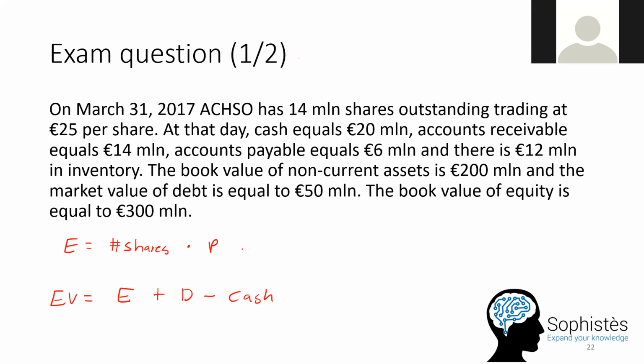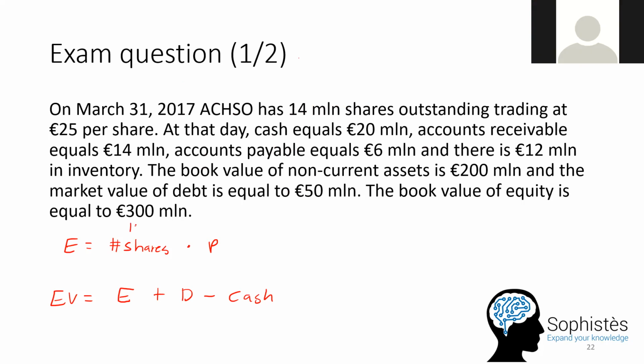What you will see is that in this type of question on the exam, they give you a lot of information that you don't need. So we will just read through the question, and you can tell for which variable you need the information or not. So we have 40 million shares outstanding. Do we need that? Yes.